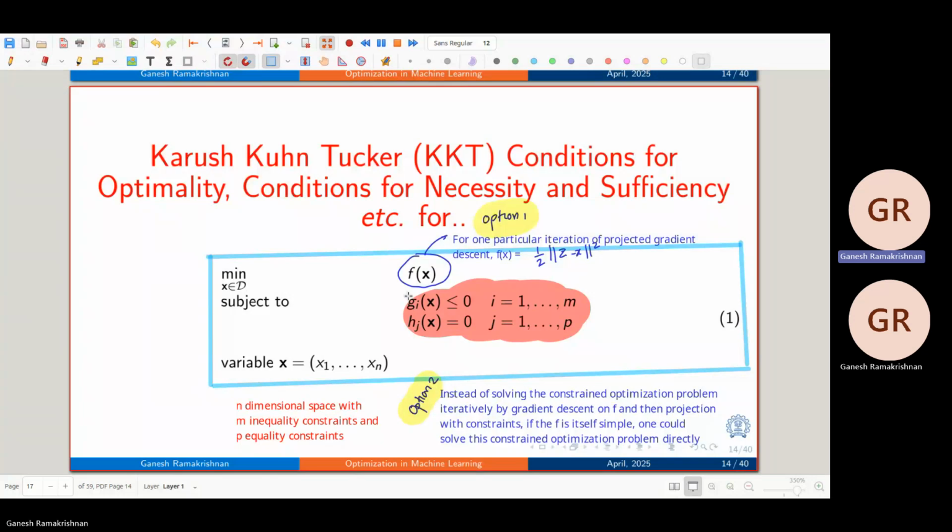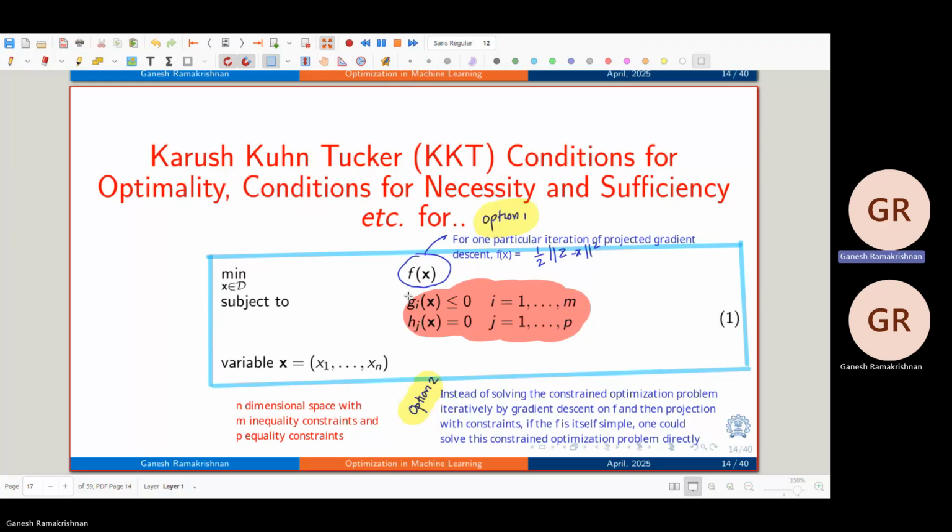Instead of solving the constrained optimization problem iteratively by gradient descent, there are very interesting cases, like the support vector machine. You started with a primal optimization problem and came up with these interesting characterizations. And lo and behold, you came up with a very interesting new optimization problem, which gave you a lot more handle into nonlinear separability using kernels.